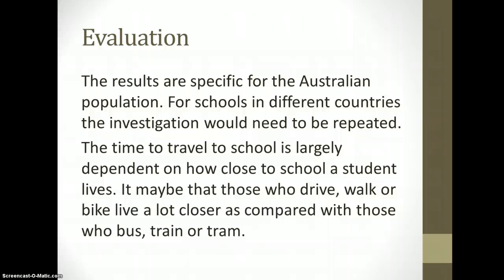It may be that those who drive, walk or bike live a lot closer as compared with those who bus or train. Notice the deeper thinking there. The writer of this internal has asked themselves, why is it that private transport is in fact faster than public transport, and they've given a valid explanation, deeper thinking, therefore better marks.